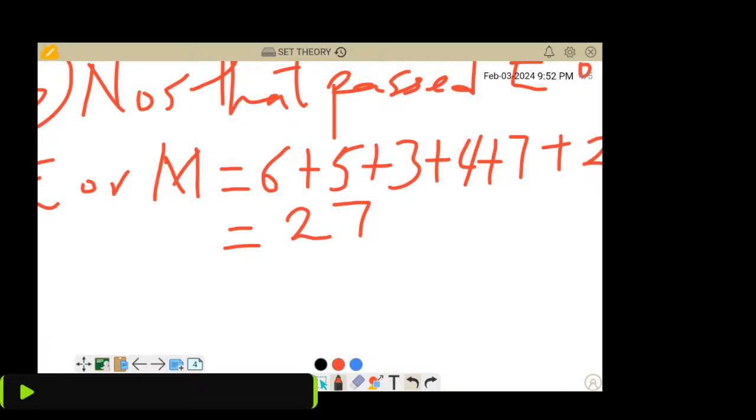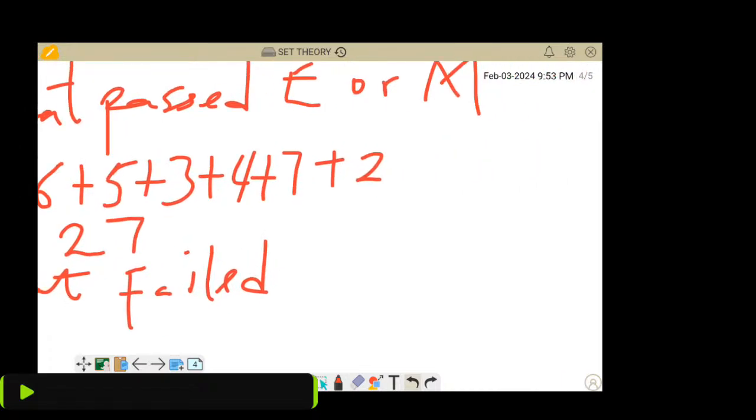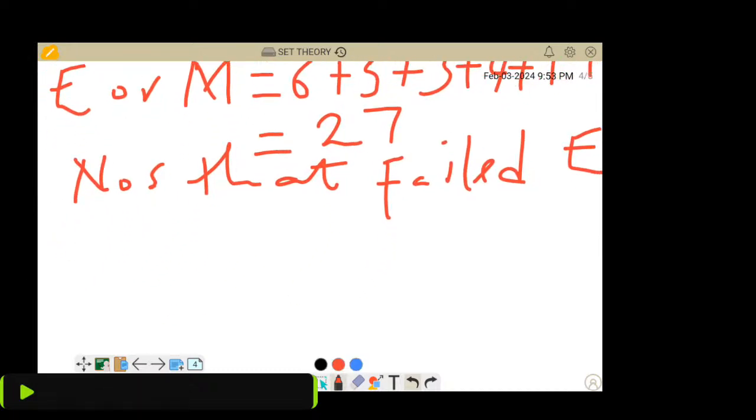So the number that failed economics or mathematics will now be equal to the universal set minus this 27, and that is equal to 13.